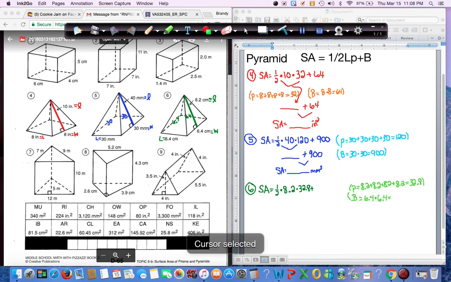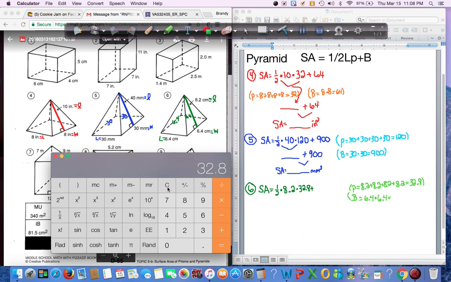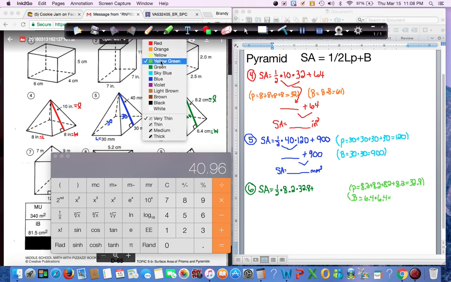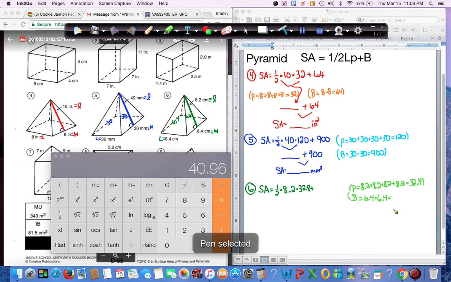We'll get that answer. 6.4 times 6.4 equals 40.96. Before I forget it, you guys know my memory skills, we're going to come over here and write down 40.96.